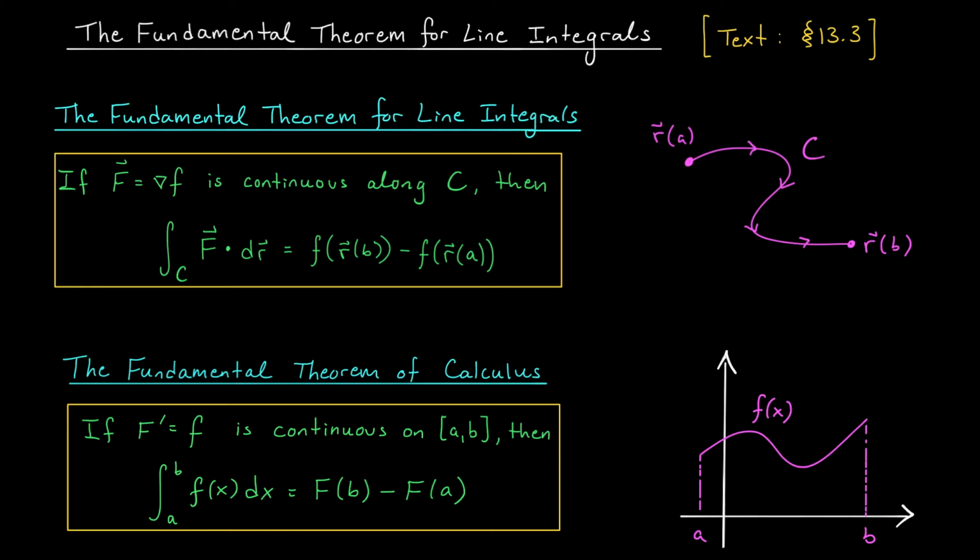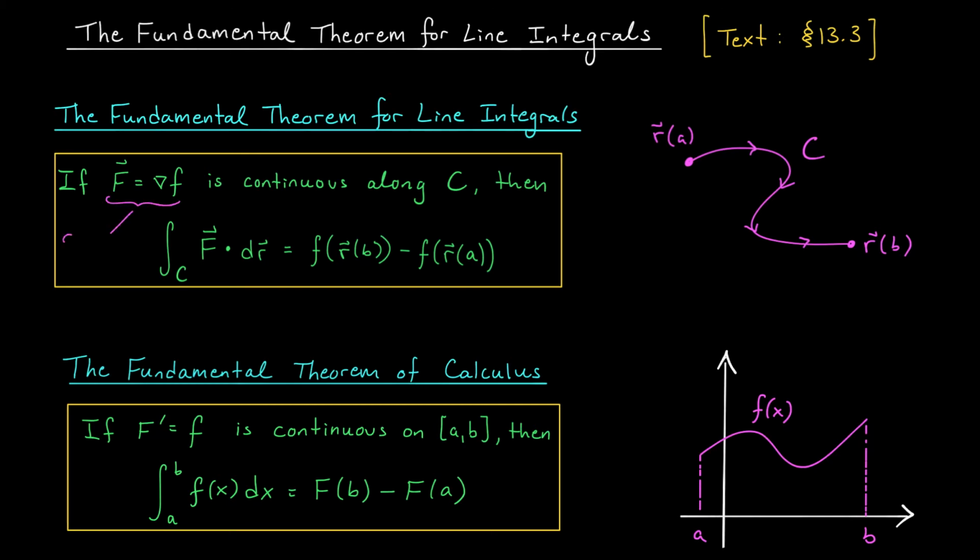Well, today you're in for a treat, because I'm going to show you an amazing new result called the fundamental theorem for line integrals that will make computing certain types of line integrals much, much easier. The statement is as follows. Here we're starting with a vector field capital F that can be written as the gradient field of some scalar field little f. We actually had a special term for such vector fields.